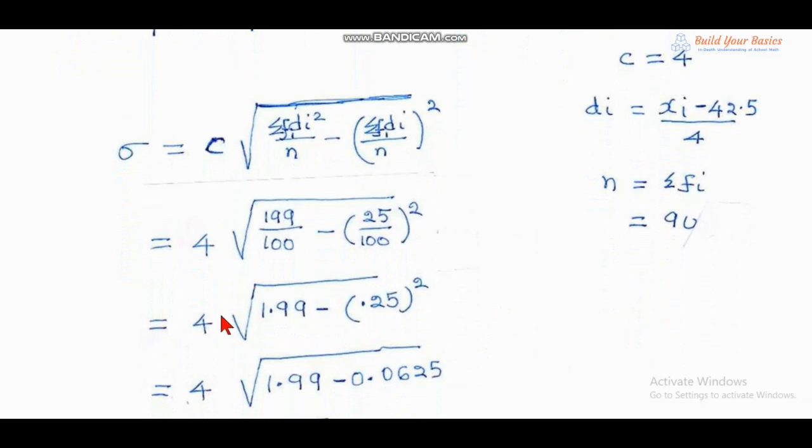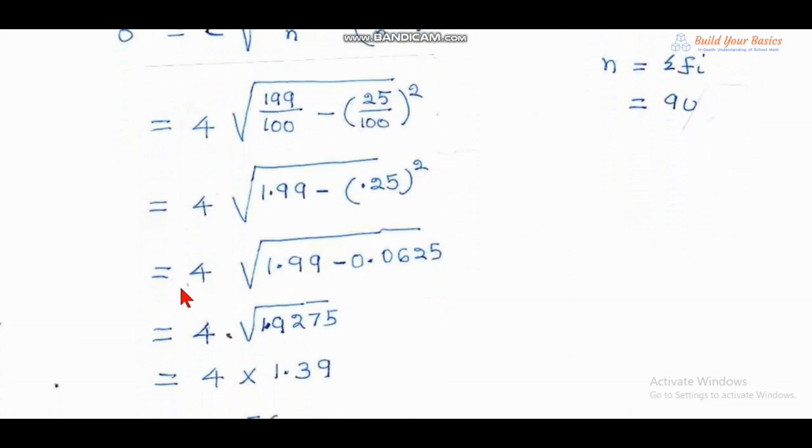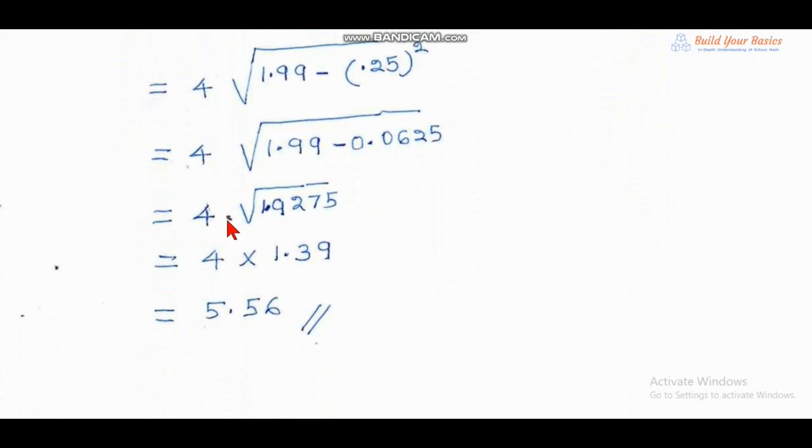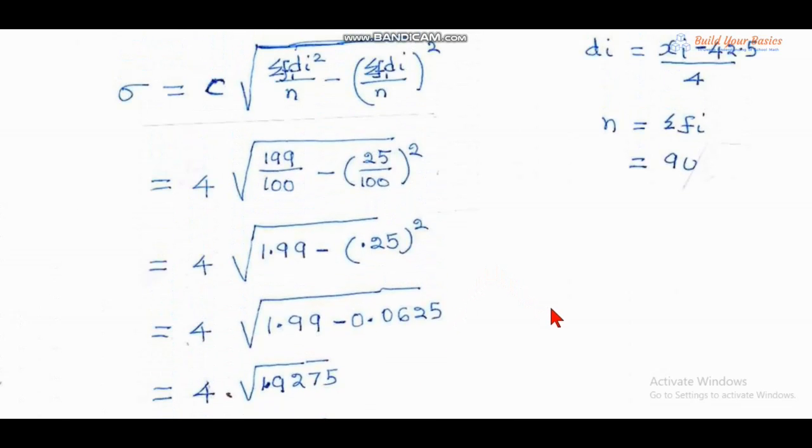That's equal to 4 into square root of 1.99 minus 0.25 the whole square, that is 4 into square root of 1.99 minus 0.0625, that is 4 into square root of 1.9275. When we extract the square root of 1.9275 we get 1.39. So 4 into 1.39. So the value of standard deviation is 5.56. That's all.